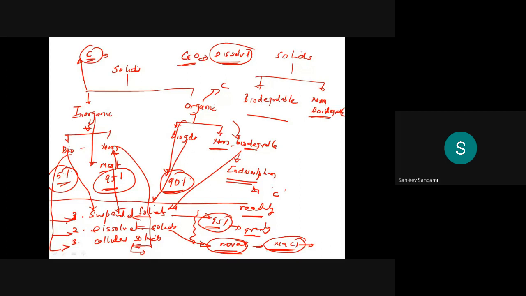Hardly you can see only 5 to 10% settlement, but most of the particles will stay in the upper surface. Always the movement will be there. So they are nothing but the colloidal particles. The colloidal particles will not settle under the influence of gravity. So you have to make them settle with the help of some external agents.